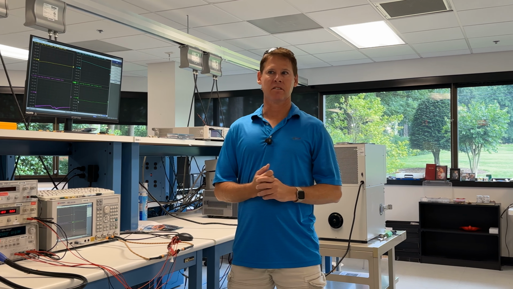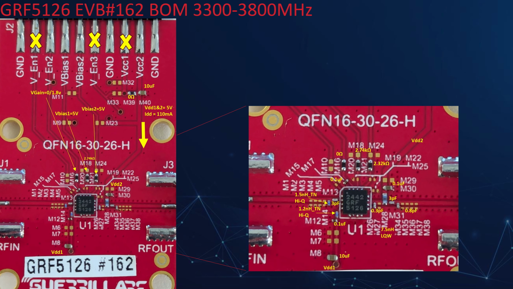Because this is a two-stage device, there's an interstage VCC as well as a final. What I'm doing instead is, for this particular tune, there's just a shunt capacitor that I slide along the interstage trace, the VCC1 trace.